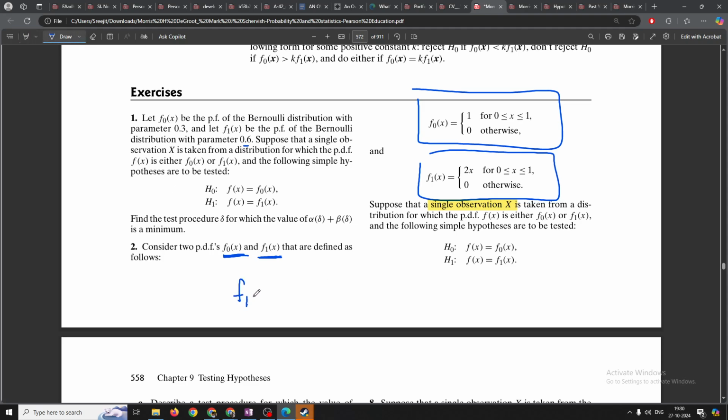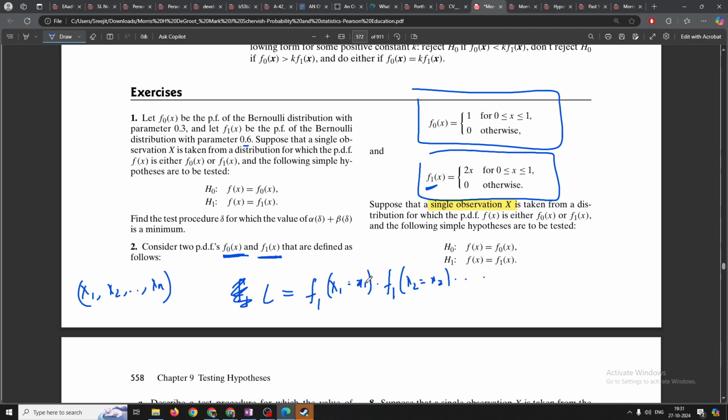Likelihood function of, let's say, f1 is basically, if we have x1, x2 up to xn, so the sample size is n and this is my sample, then the likelihood function under f1 is f1 of x1 taking this particular value x1, times f1 of x2 taking this particular value x2, and so on.